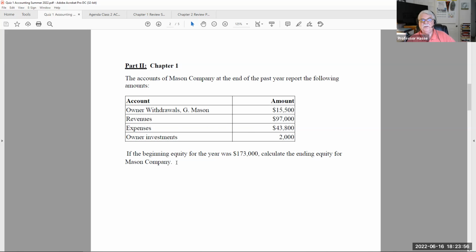If the beginning equity of the year was $173,000, if you started out the year with $173,000 in equity, and then these additional activities occurred, tell me what's the ending equity balance for Mason Company at the end of this year. You started out with $173,000. You had owner withdrawals, revenue, expenses, and owner investments. What's the balance now at the end of that period of time? One number is all you have to give me.